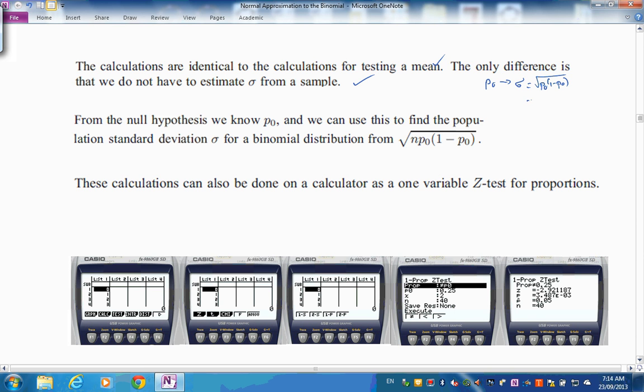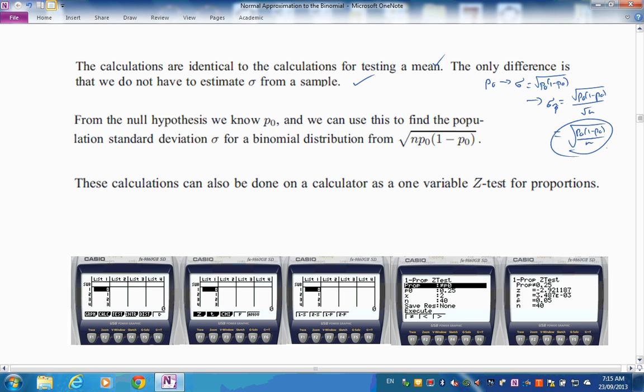That was going to give us the sigma of p hat, which is the square root of P0, 1 take P0, over n. You don't have to show all that every time. So that's the standard error of estimating the proportions from that.